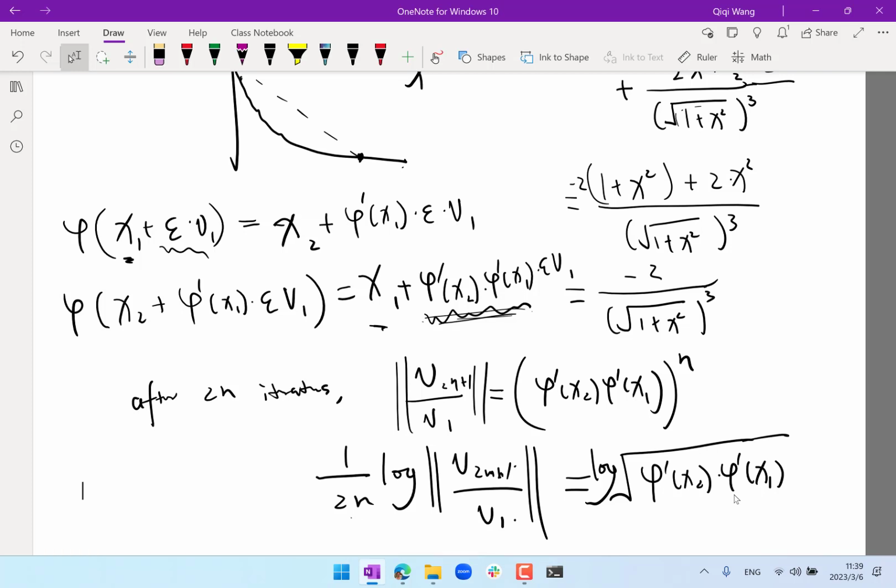And if you have a high dimensional system, instead of multiplying the derivatives, you would be doing matrix multiplication of the Jacobians. All right.